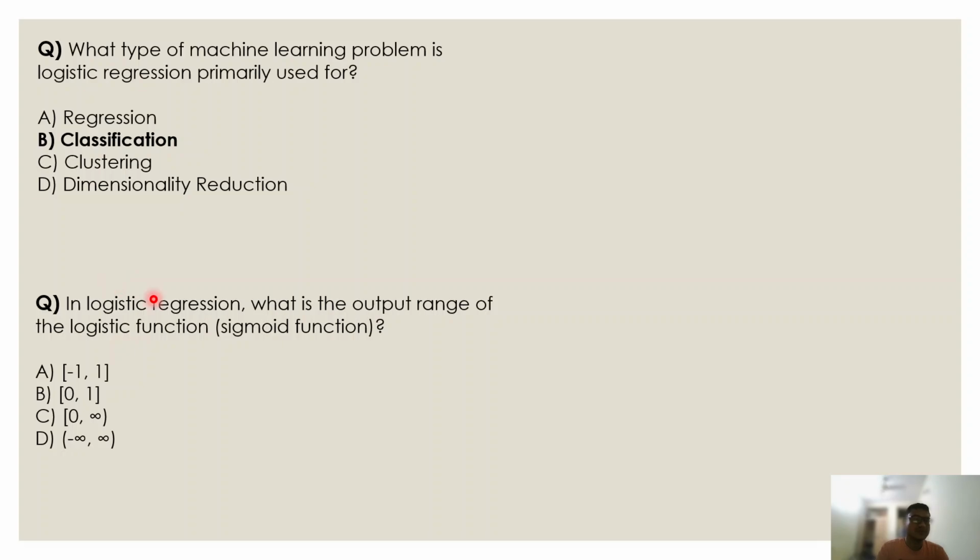Moving towards the next question: in logistic regression, what is the output range of the logistic function, the sigmoid function? Read the question properly.